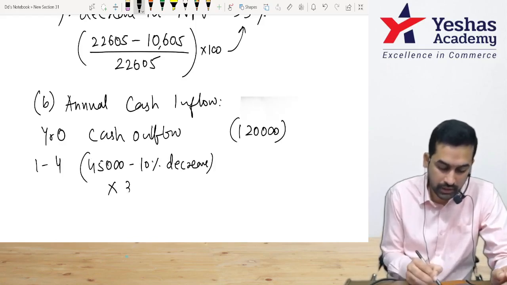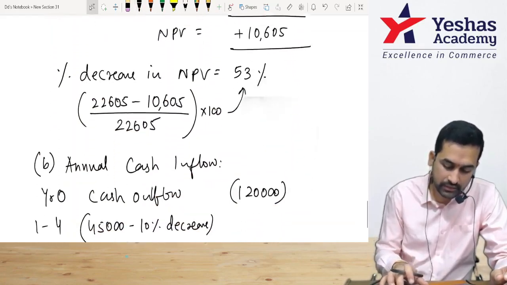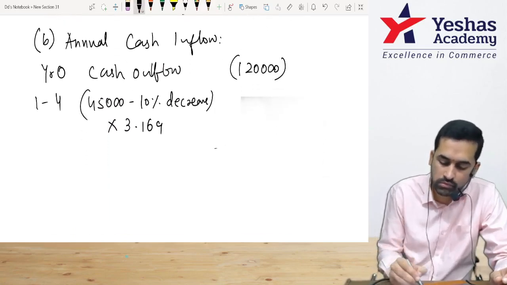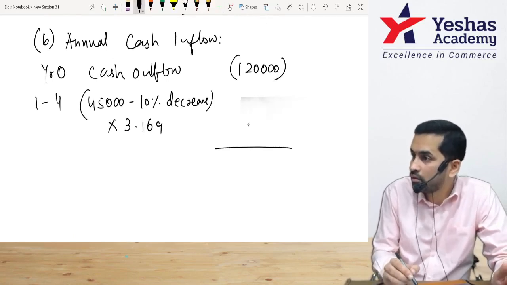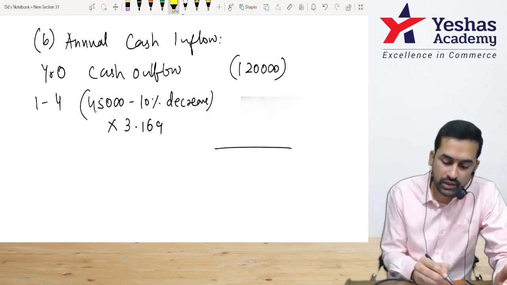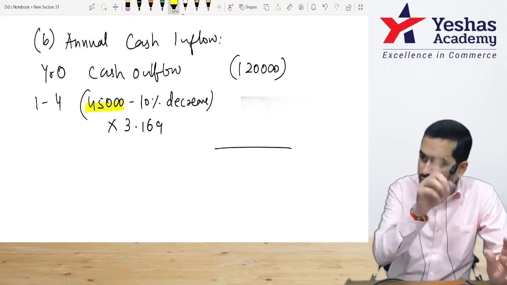This multiplied by 3.169. You don't have to do it every year because 45,000 is the same. If this was different, then you had to do the table every time.